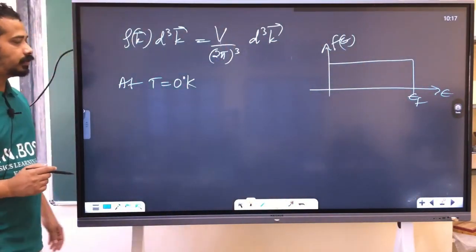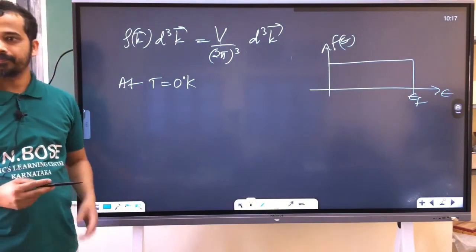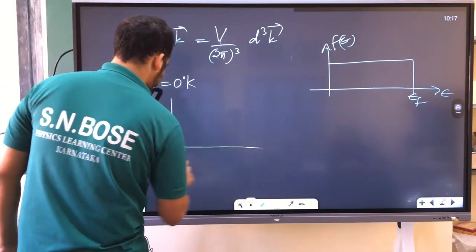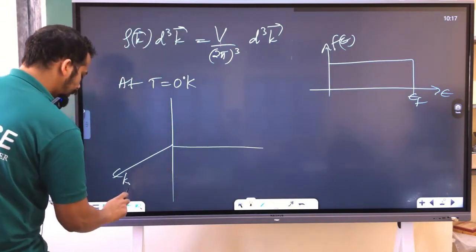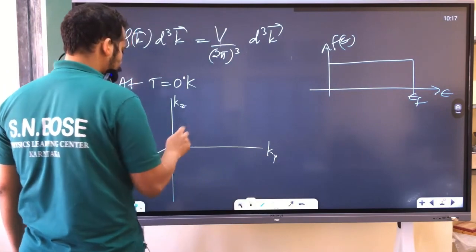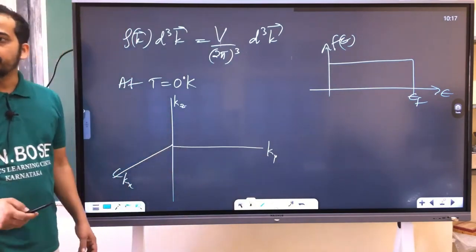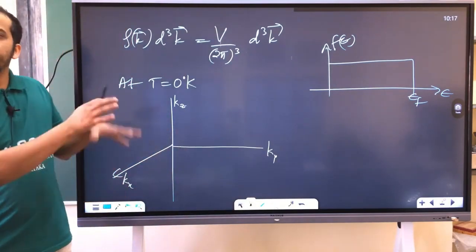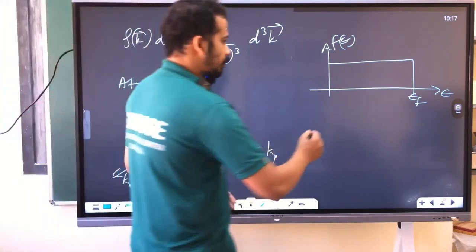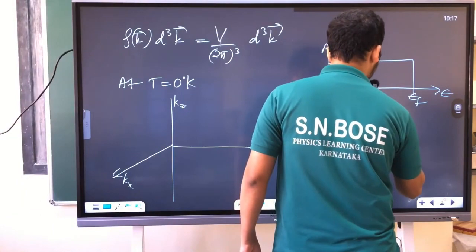Now we need to think in k space. If I take k space, this is kx, ky, kz. In k space, all levels within one Fermi sphere are completely filled. So energies less than EF are completely filled.